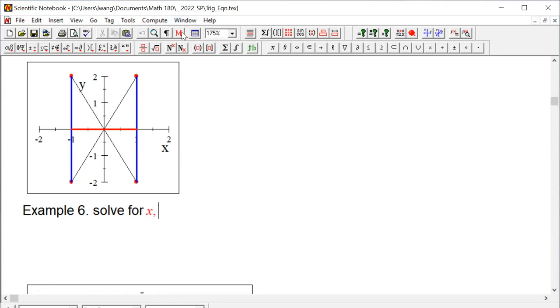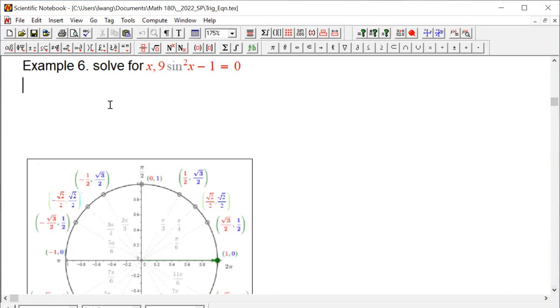The equation is 9 times sine squared x minus 1 equals 0. You probably could almost anticipate what's going to happen.